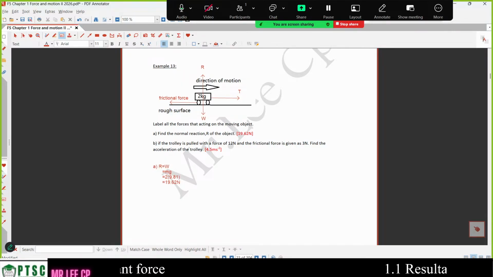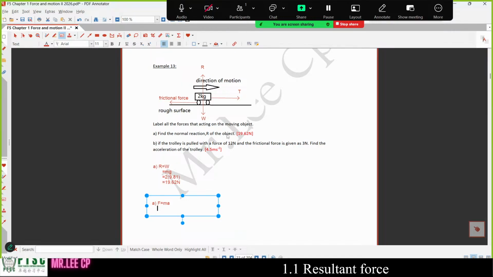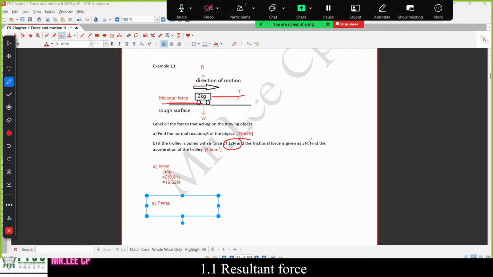If the trolley is pulled with 12, here 12, right? Frictional force is 3, okay? F is equal to MA. F, the resultant force, is 12 minus 3. Here, this one is 12. This one is 3.